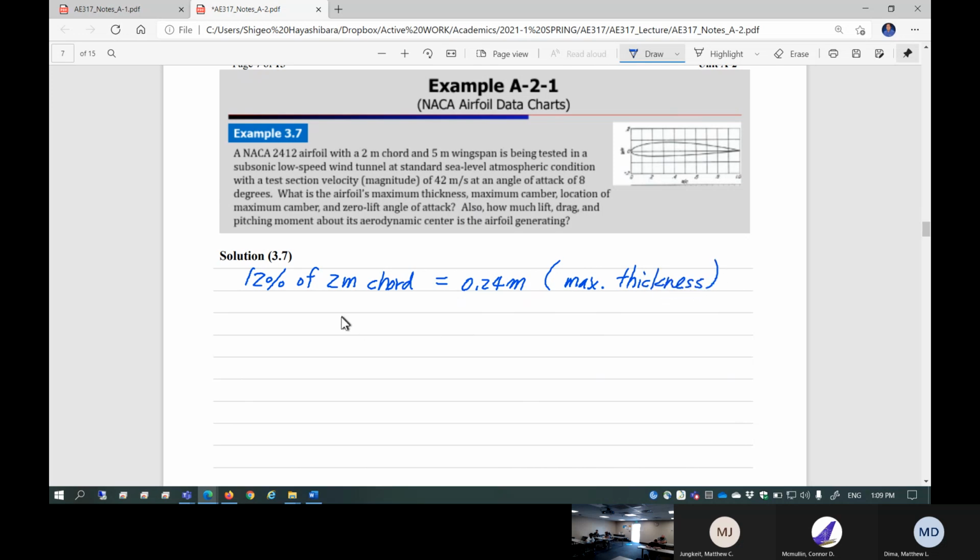Maximum camber: 2% of the 2-meter chord, which is 0.04 meter. This is the maximum camber.